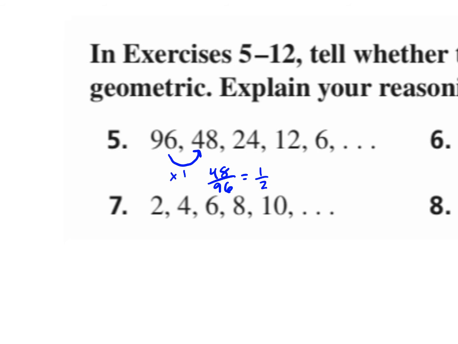We're multiplying by 1/2 here, also from 48 to 24, again from 24 to 12, and again here. Since we are multiplying by 1/2 each time, this is in fact geometric. So yes, geometric.